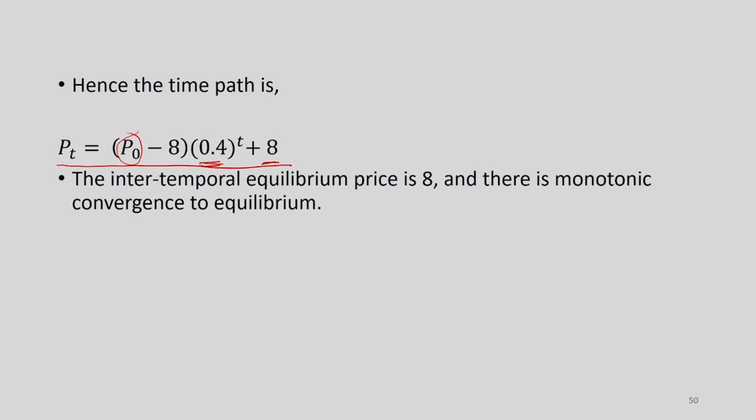Here it is going to be a stable convergence to equilibrium. There is going to be stability and there is convergence to the equilibrium. And the convergence is not an oscillating convergence because 0.4 is greater than 0. There is going to be a monotonic convergence to the equilibrium price. The equilibrium price is 8.